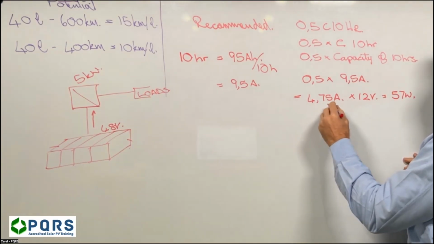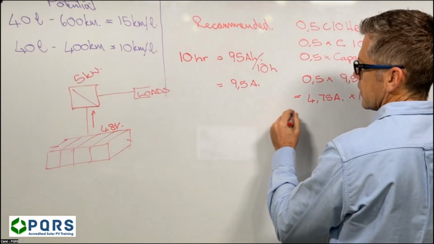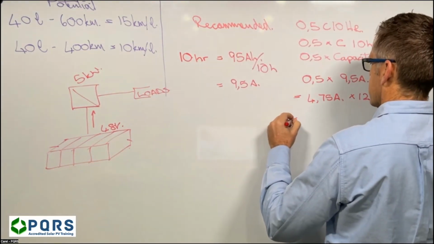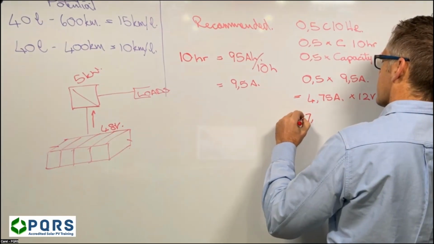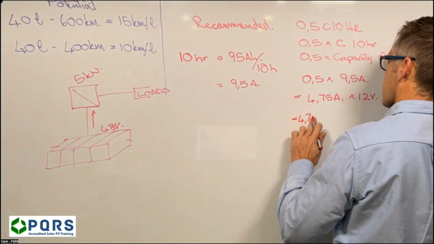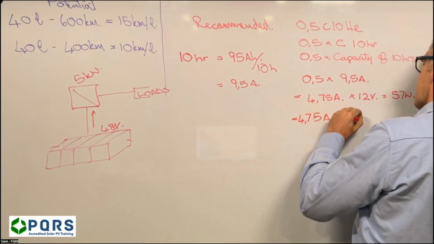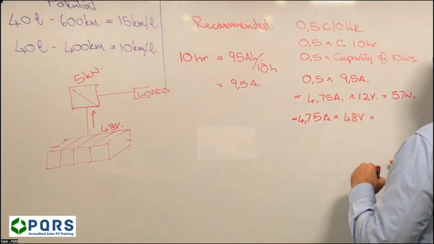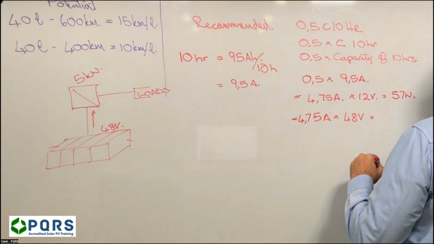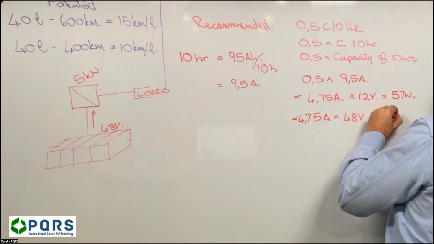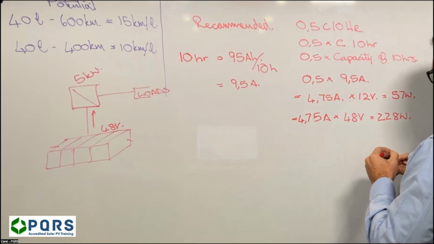If we were to have 4 of those batteries in series, that would be 4.75 amps multiplied by 48 volts, and that would be 228 watts.